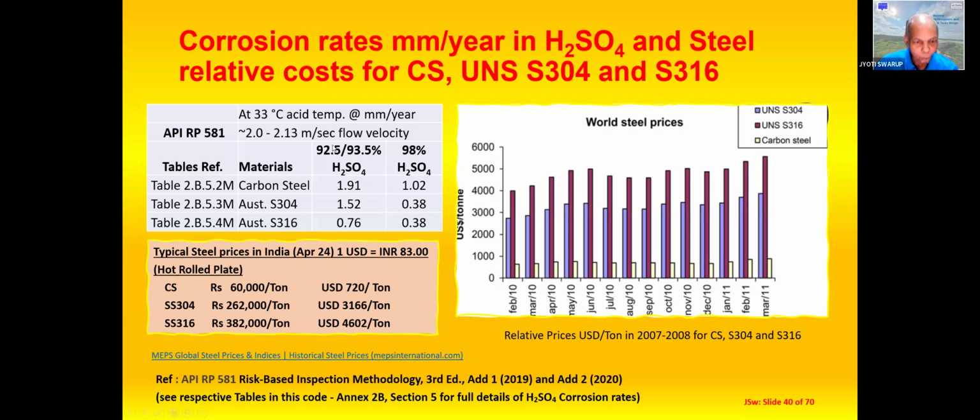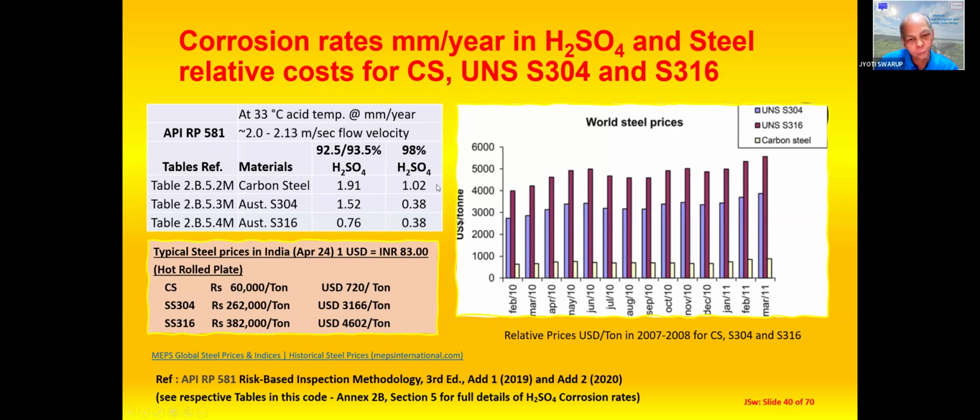If you look at API 581, there is a table for each of the different materials giving corrosion rate depending on the flow velocity, temperature and the concentration. So these tables have used only the static flow, 92%, 98%, and given the values of the corrosion rate in millimeter per year.